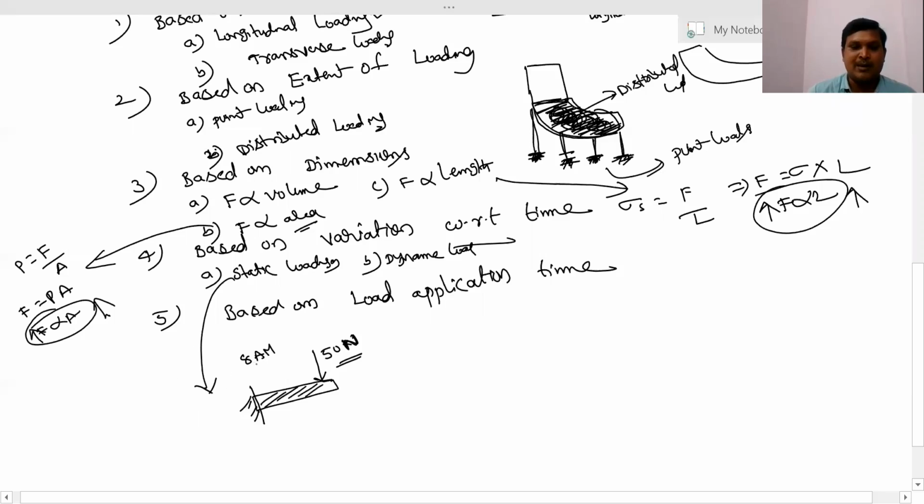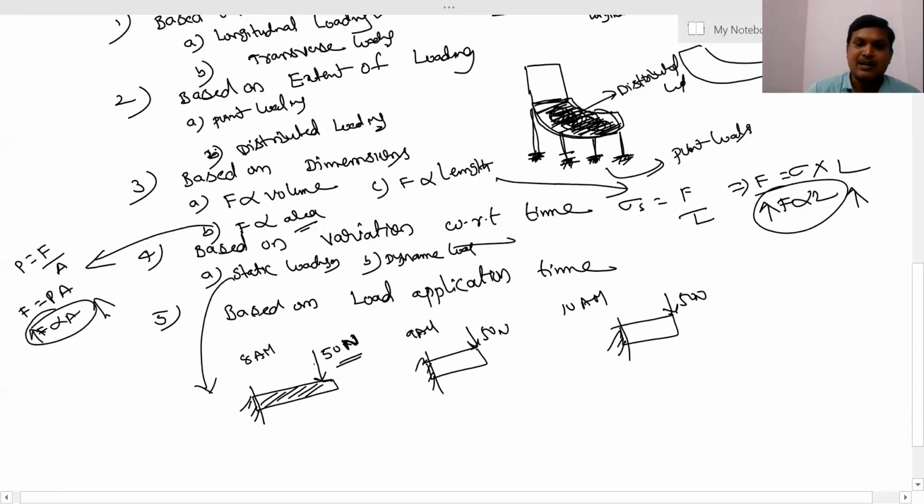After 1 hour, I'm measuring that load at 9 a.m. That is also the same Newton. At 10 a.m. also, the load is still the same. So same constrained body, applying the force at 8 a.m.